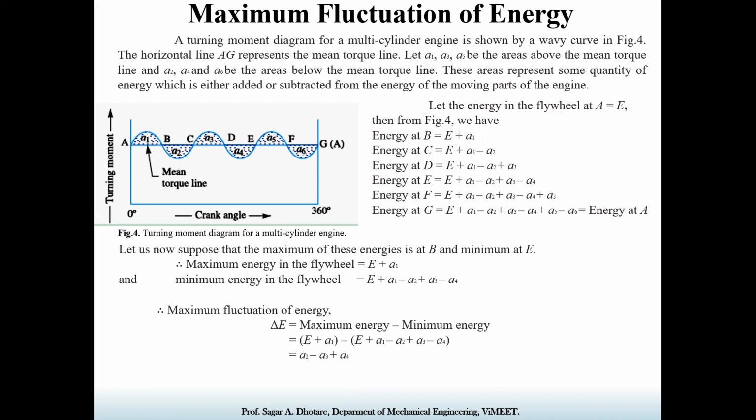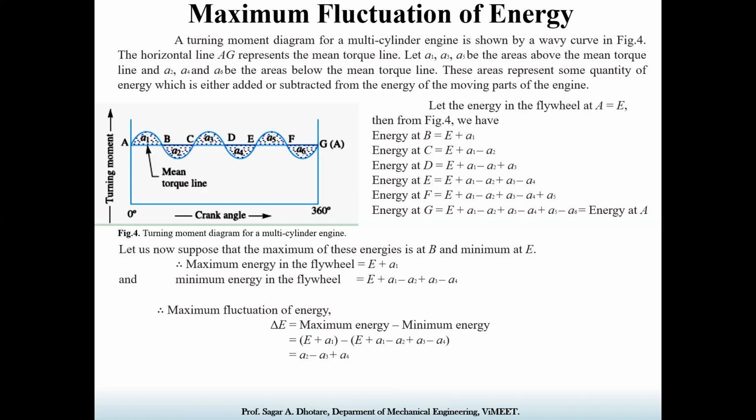Similarly, plus and minus, we can find out up to the sixth area. So the maximum energy is E plus A1 and the minimum energy is E plus A1 minus A2 plus A3 minus A4. That is the minimum.